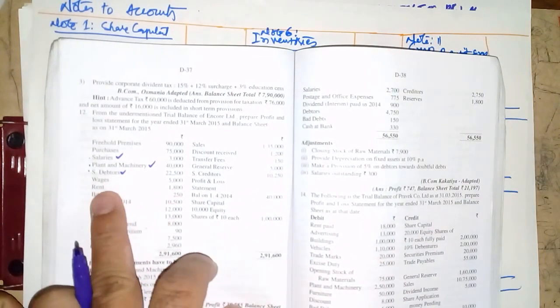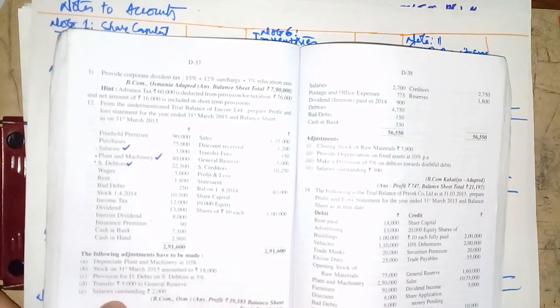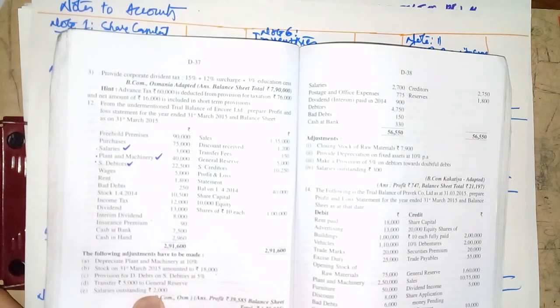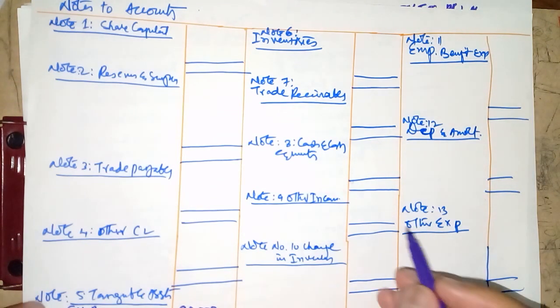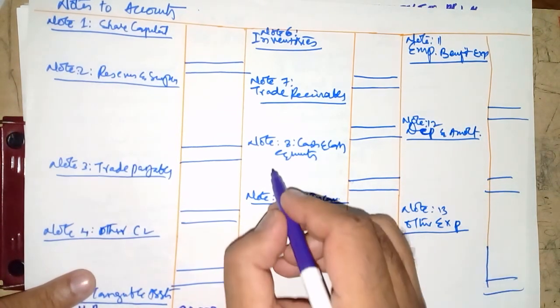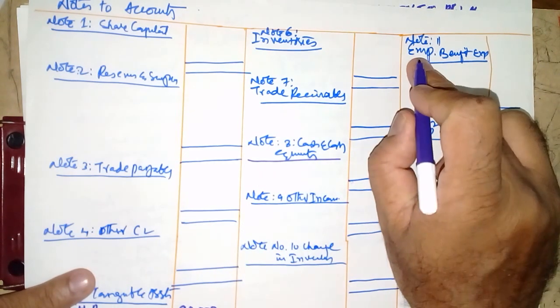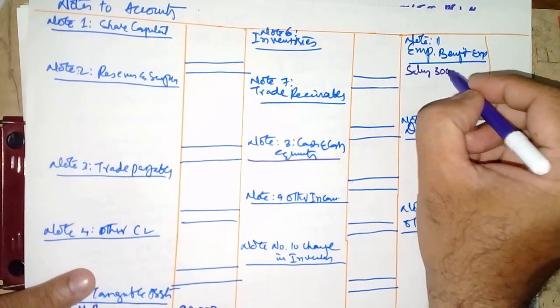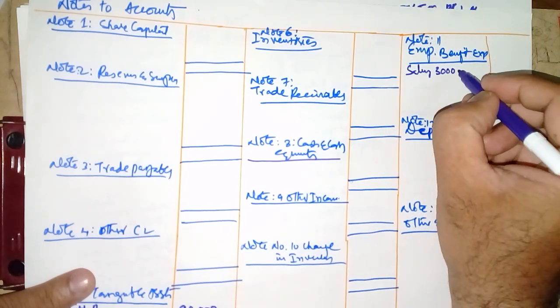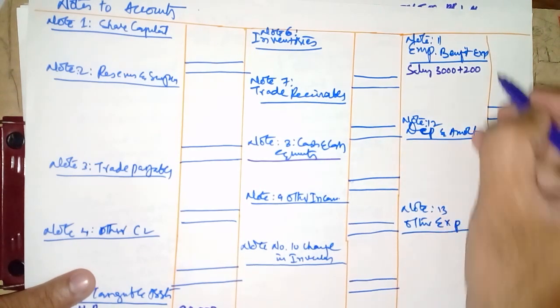Once we write purchases, the next item is salaries. Salaries 30,000 and there is an adjustment. The adjustment is the salaries outstanding 2,000. Salaries is an employee benefit expenditure, so it will come under the category of employee benefit. So we have created employee benefit. So salary 3,000 plus 2,000 should be added as outstanding, right?